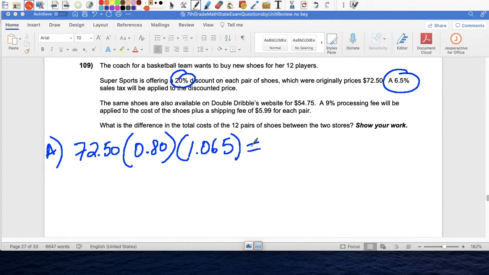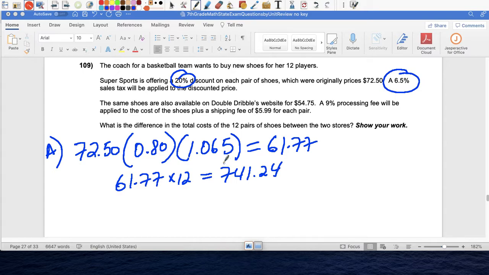So let's find out how much one shoe at store A would be. 72.50 times 0.8 times 1.065. So one shoe in that store is $61.77. But we're not buying one shoe, we're buying 12. Multiply that by 12, and the total cost in store A would be $741.24.